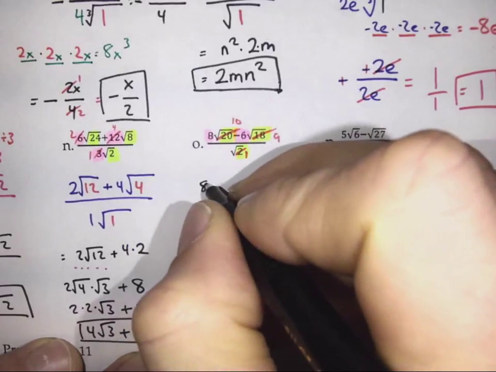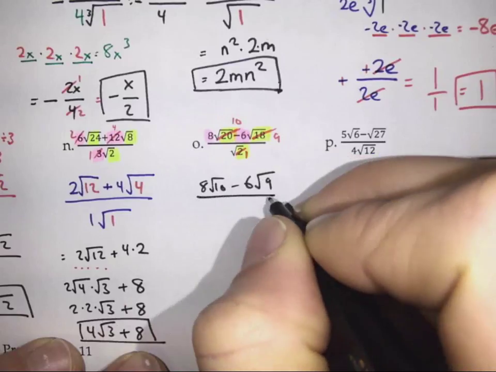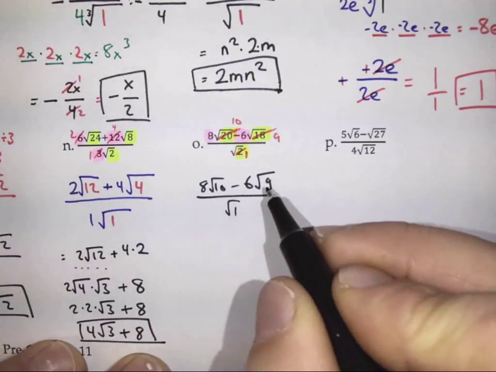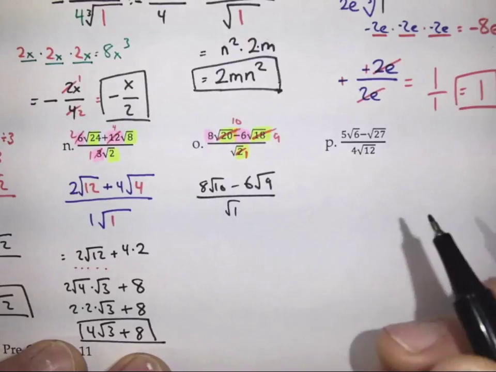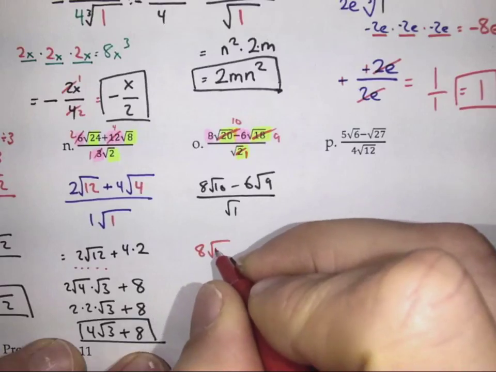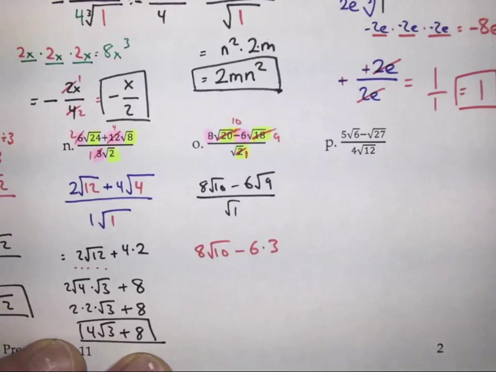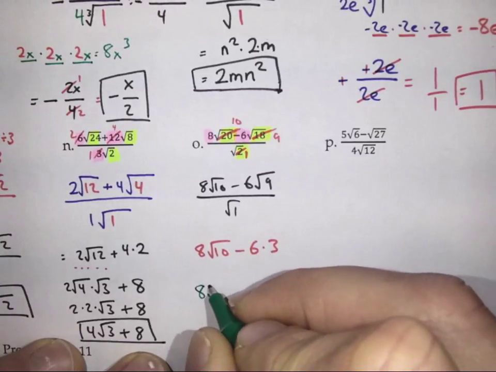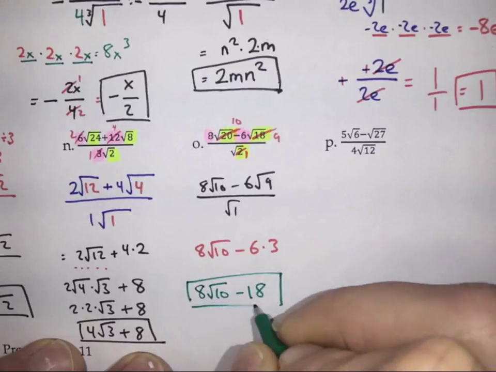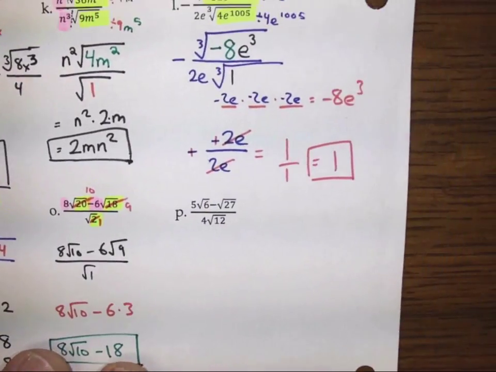So I get 8 root 10, take away 6 root 9, all over root 1, which is just 1. Now, that's fine, except root 9 can be simplified, right? It becomes 3. So overall, we get 8 root 10, take away 6 times 3. And lastly, 8 root 10, take away 18, and then we're done.